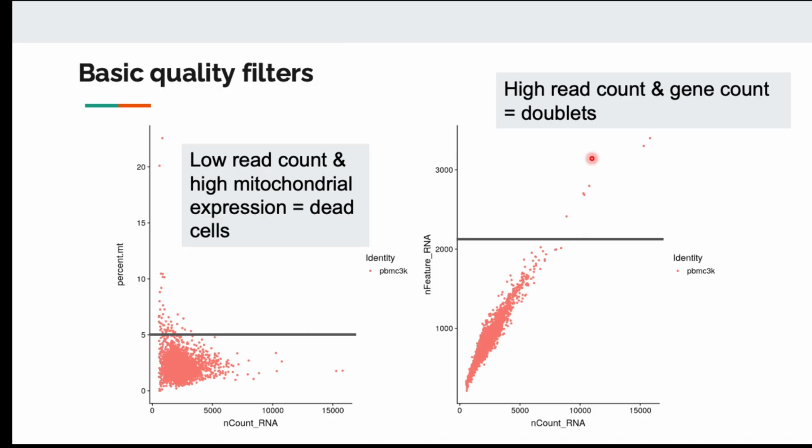And one thing that you will notice here is that where to put the threshold seems very subjective. There's no statistics involved. Right? People just look at this by eye and then put the cutoff. There are tools that try to apply statistical models to make the cutoff more objective.